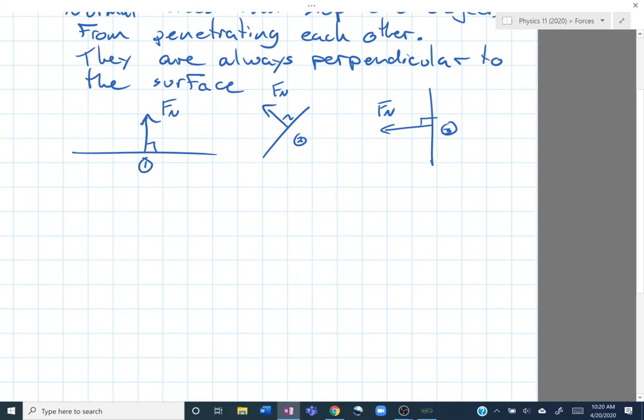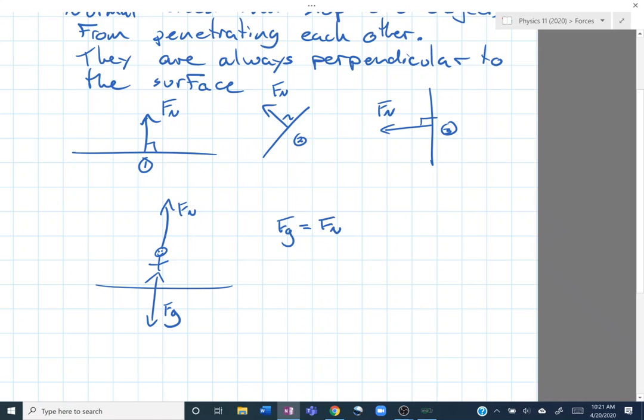So if we look at example number 1, the normal force, if you imagine somebody standing on the ground, as we talked about, there is a force due to gravity acting down on them, and there is a normal force acting up on them. If this person is just standing there, they're not going anywhere, then the force due to gravity in this particular scenario must be equal to the normal force.